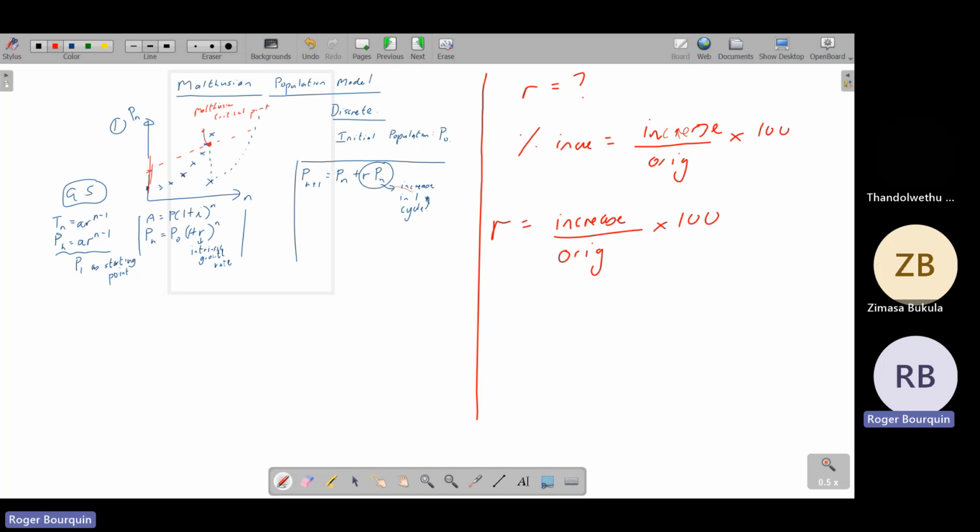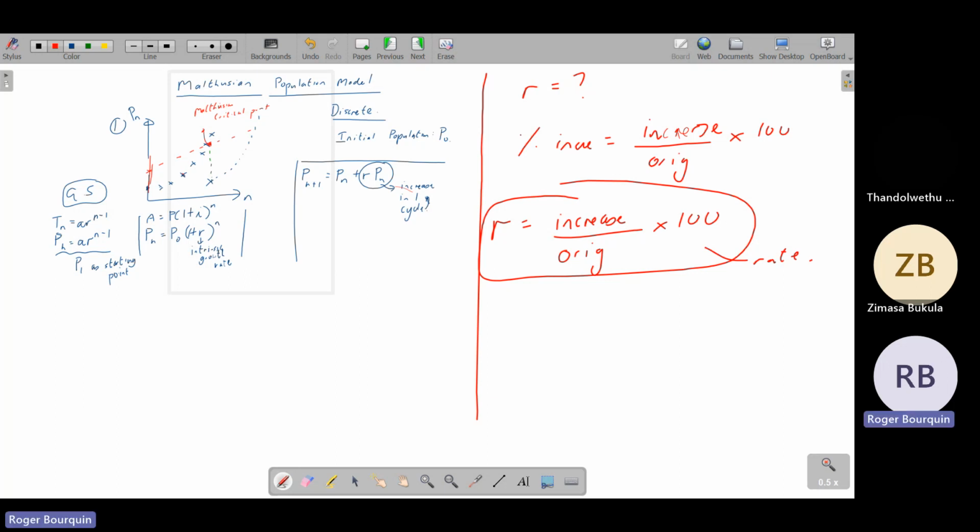Does that make sense? So that's the fundamental idea of what this value R is. And this thing over here, it's a rate. That's going to be your intrinsic growth rate.